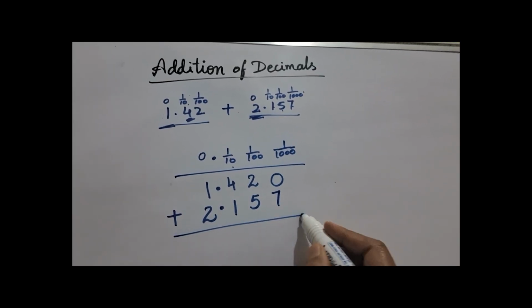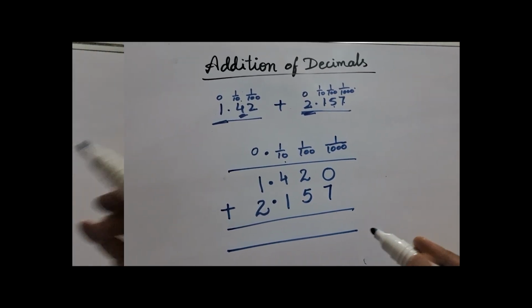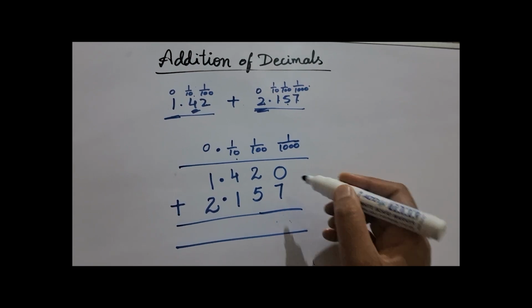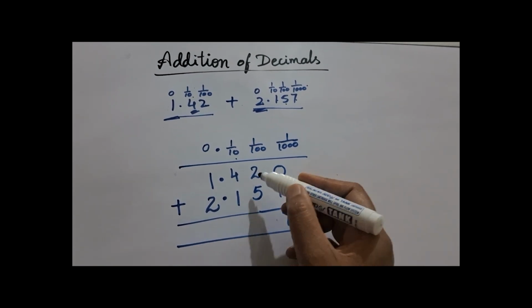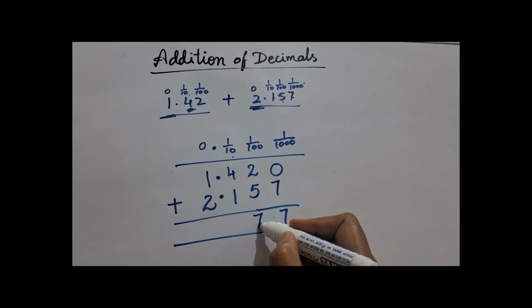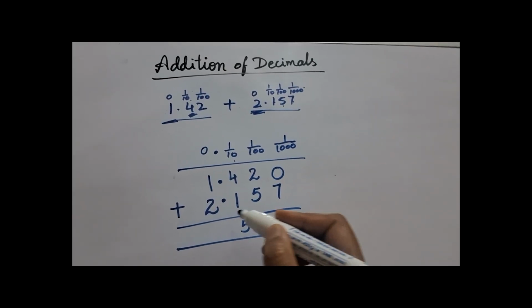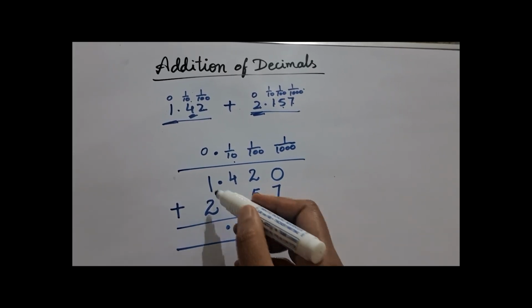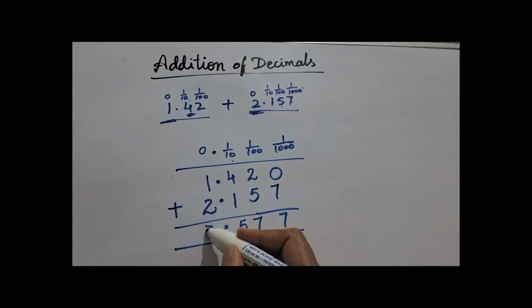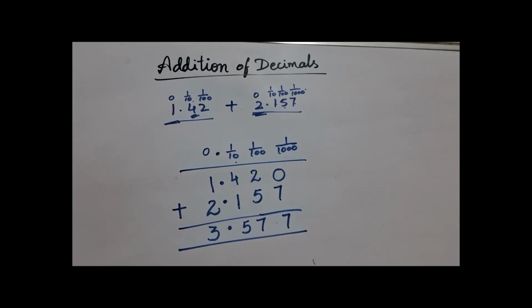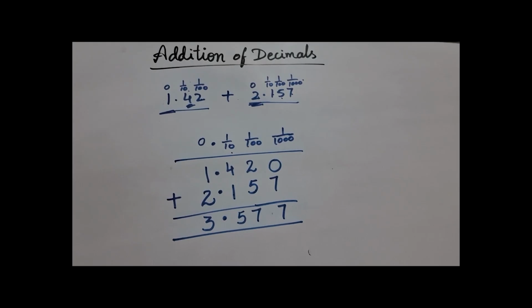Now we will add this one. 0 plus 7, 7; 2 plus 5 is 7; 4 plus 1 is 5; decimal point; and 1 plus 2 is 3. Okay, children, in this way we need to add the decimal numbers.